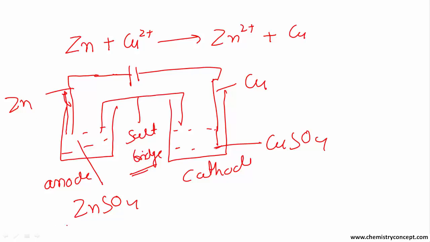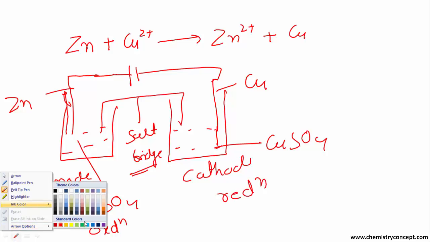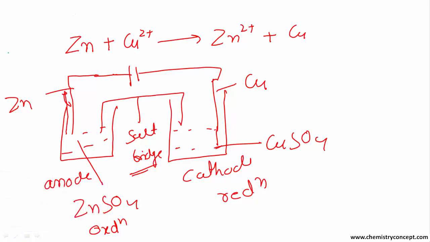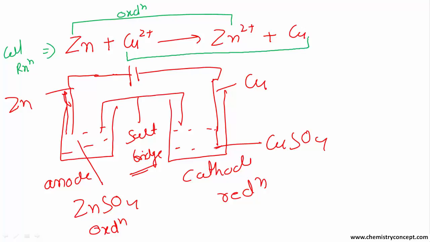At the anode oxidation takes place, at the cathode reduction takes place. Now what oxidation, what reduction here? This is the overall reaction, which is called the cell reaction. Zinc to zinc 2 positive is the oxidation half reaction, and copper 2 positive to copper is the reduction half reaction.